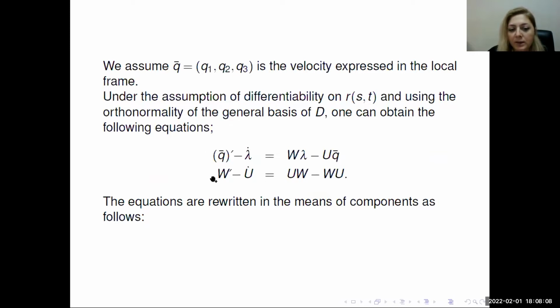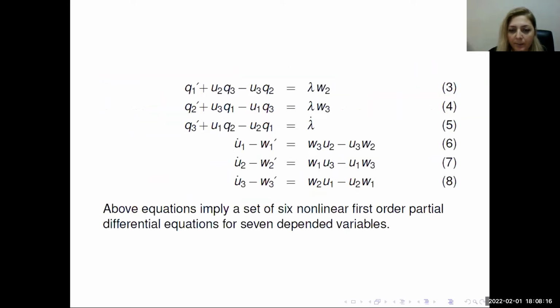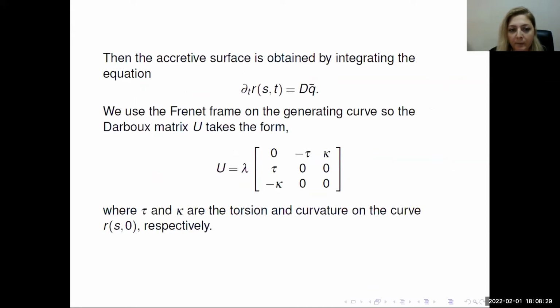We have these two equations, and we can rewrite them in terms of components as these: a set of 6 nonlinear first-order partial differential equations for 7 dependent variables. Then the accretive surface is obtained by integrating this equation.